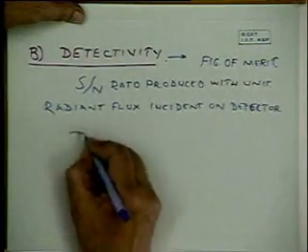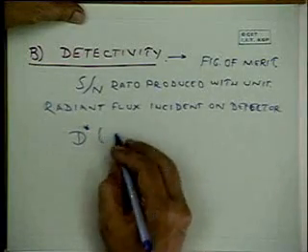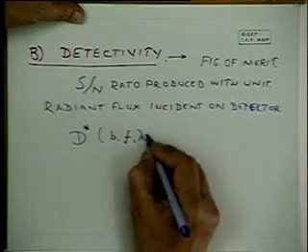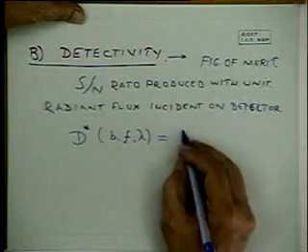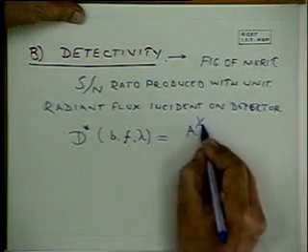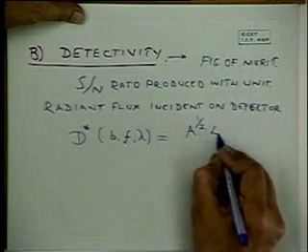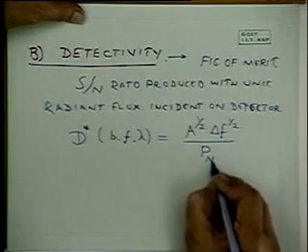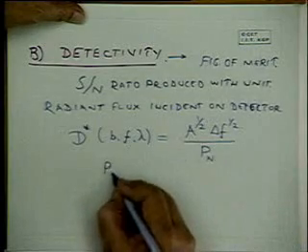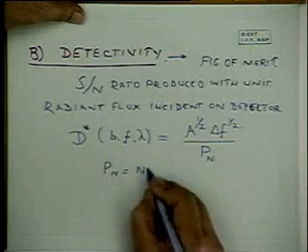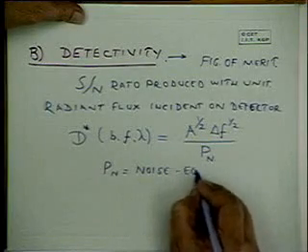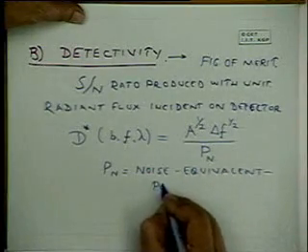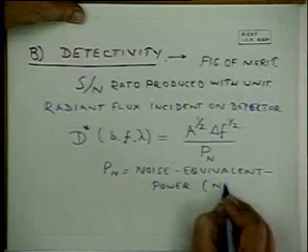And detectivity D star, which is a function of the bandwidth, the frequency of operation, and the wavelength of the detector, is defined as A to the power half, where A is the area, delta F is the bandwidth, to the power half, over Pn, where Pn is the noise equivalent power, or NEP for brief.